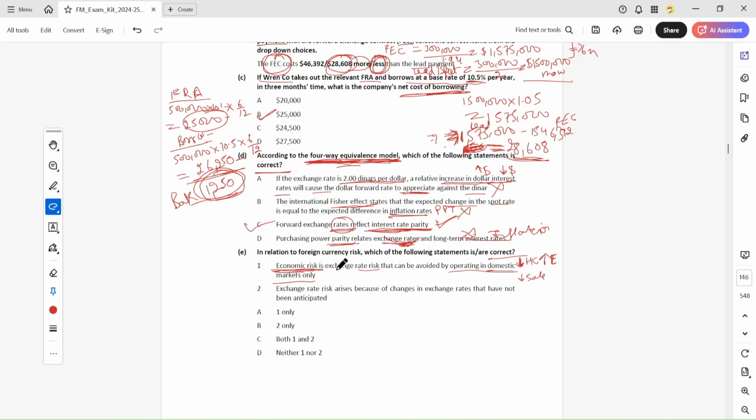So we are affected by this even if we are not dealing in foreign markets. So this is not correct. Exchange rate risk arises because of changes in exchange rates that have not been anticipated. Yes, this is correct, because exchange rate risk is due to changes that are not expected from inflation and interest.